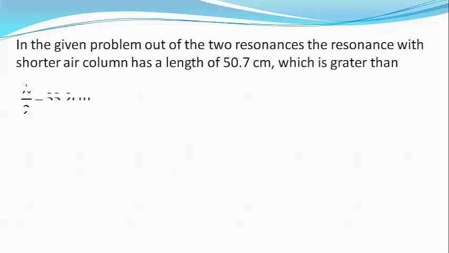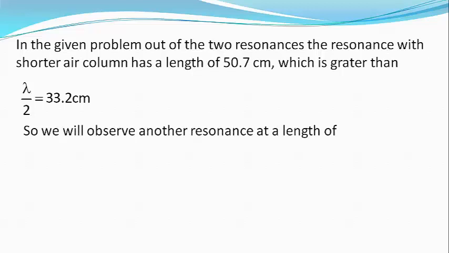In this given problem, out of the 2 resonances, the resonance with shorter air column has a length of 50.7 centimeters, which is greater than half the wavelength, that is 33.2 centimeters. And hence, the previous resonance will occur at a length of L equals 50.7 minus 33.2 equals 17.5 centimeters.